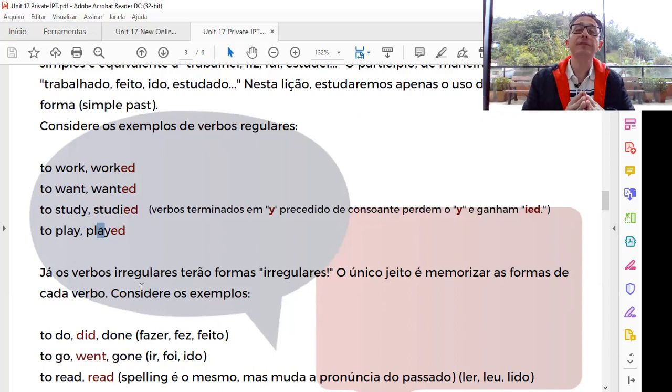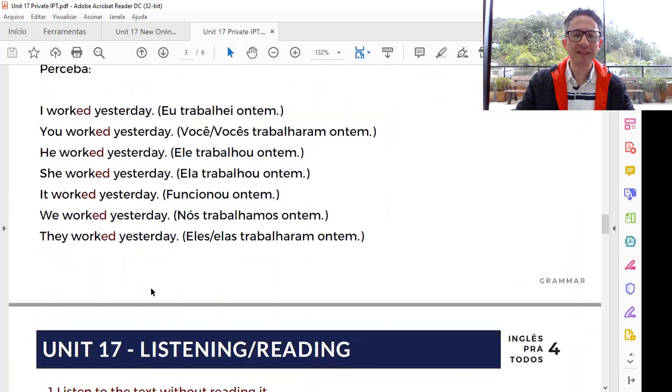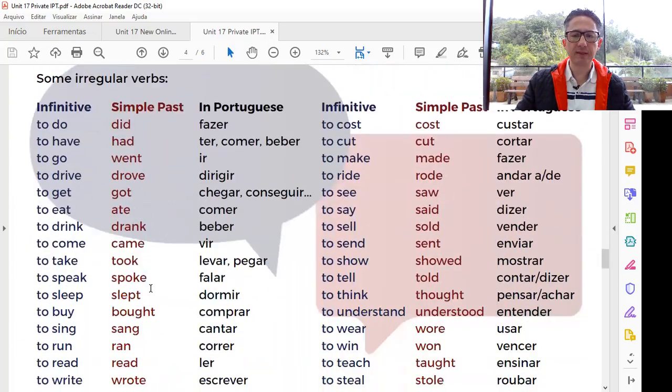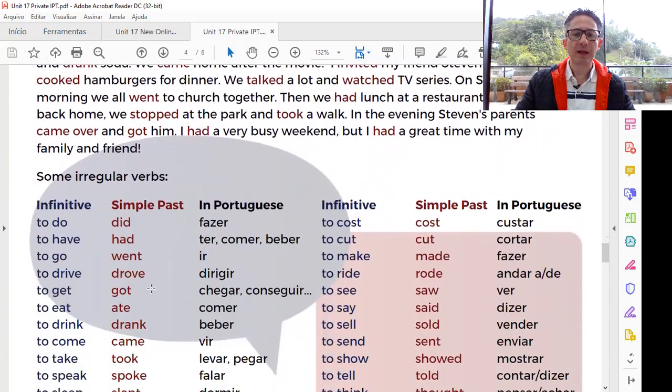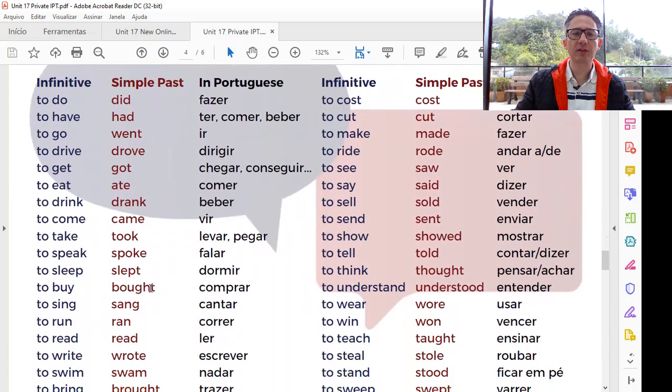Okay, now when the verb is irregular, then you have to memorize. In this unit, I put here a list. Look, I think it's here on page 4. A list with some irregular verbs, the infinitive form, the simple past form, and I didn't put the third form here, okay?